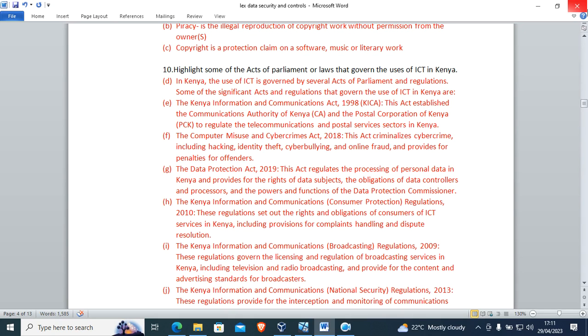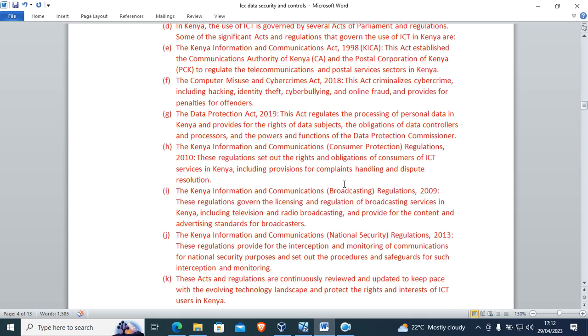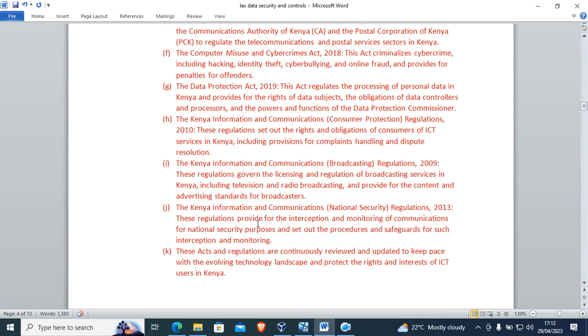We have the Kenya Information and Communication (Broadcasting) Regulations, 2009. We have the Kenya Information and Communication (National Security) Regulations, 2013. These acts and regulations are continuously reviewed. So guys, basically we have those of 2013, 2009, 2019, 2018, and the others.